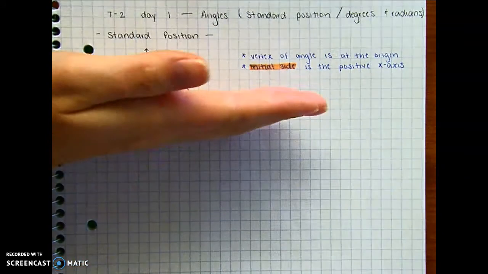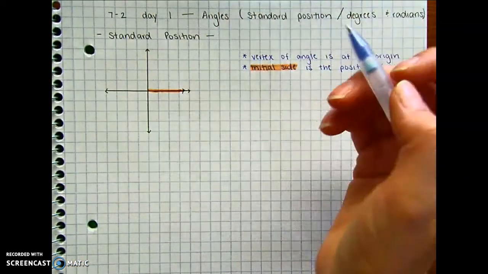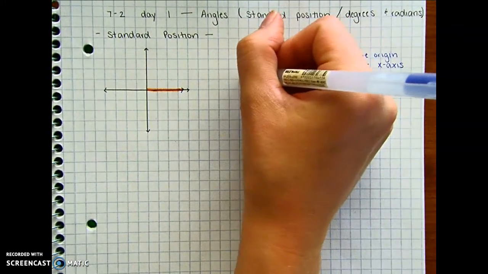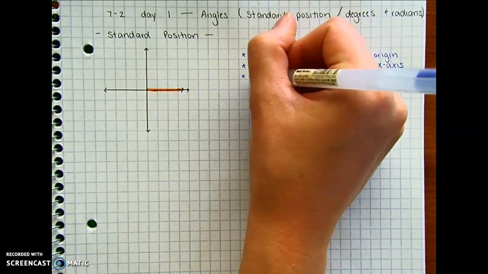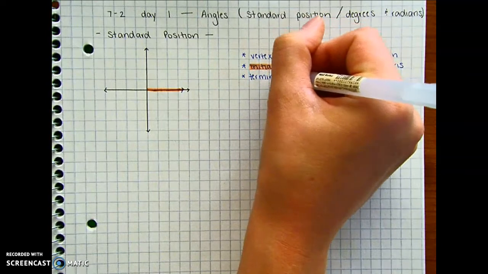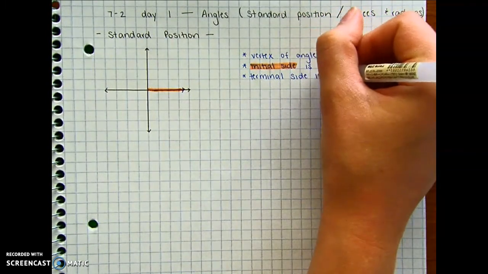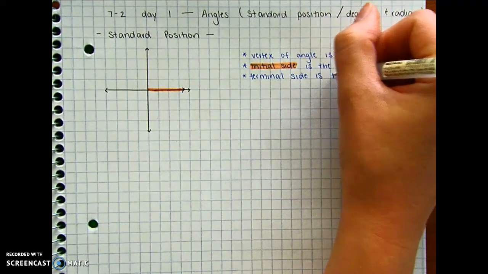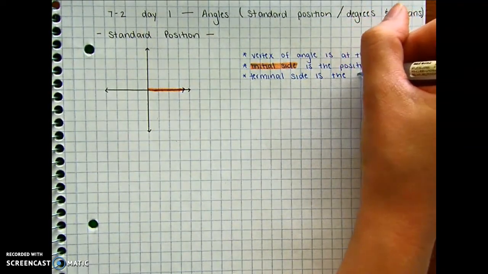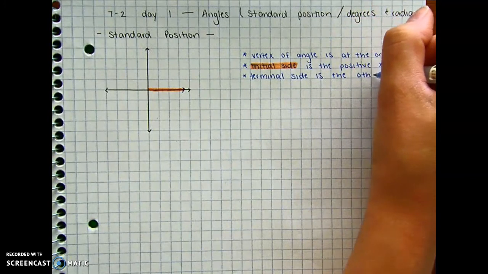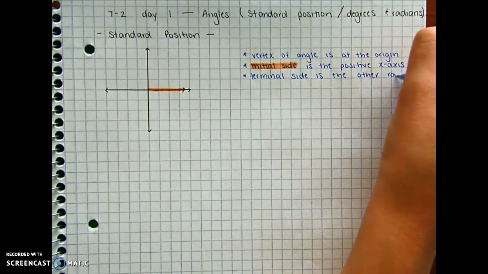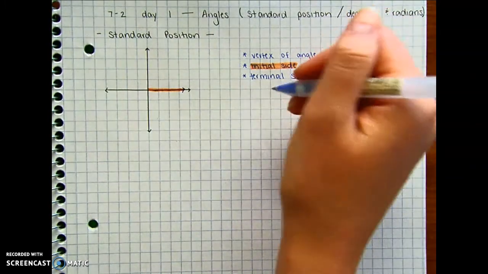Where your angle opens up to is the terminal side. So the terminal side is the other ray that forms an angle.